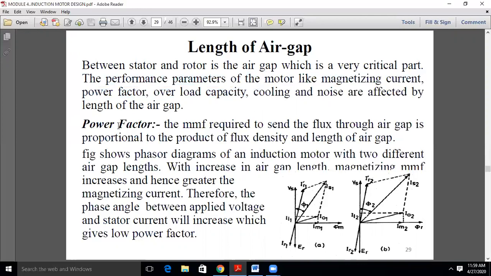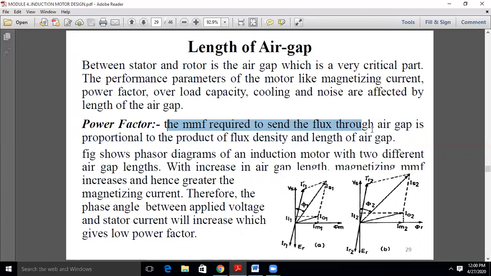The first is power factor. The MMF required to send the flux through the air gap is proportional to the product of flux density and the length of air gap.